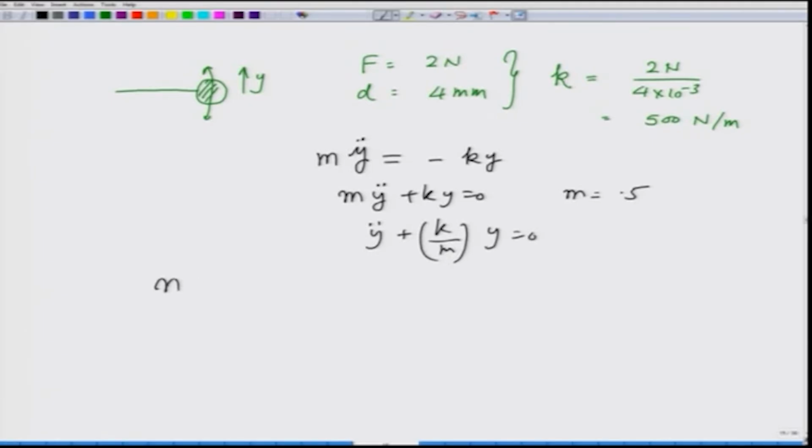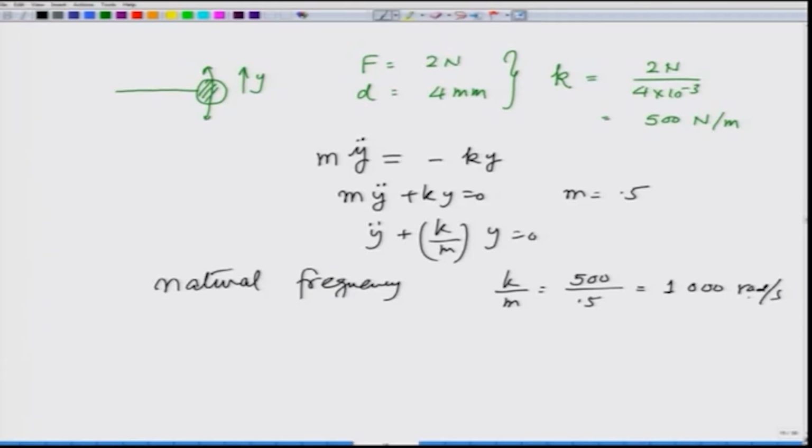So, natural frequency of this is going to be square root of k over m, which is 500 over 0.5, which is 1000 radians per second. That is the natural frequency.